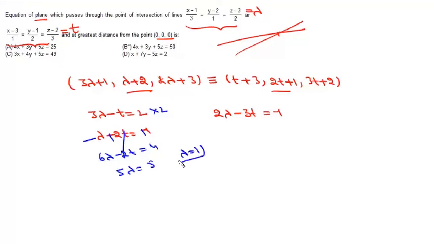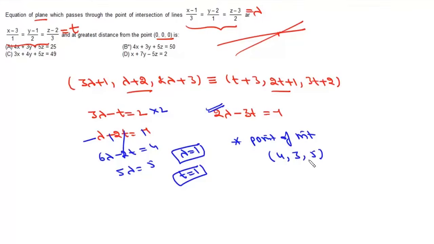So value of lambda is 1, and if we put lambda is 1, we'll get t as 1, and if we put 1 and 1 here, it satisfies this third equation. So basically these two lines, they'll intersect, and they'll intersect when the value of lambda is 1 or when t is 1. So their point of intersection, it will be 3 plus 1 4, 1 plus 2 3, and then 3 plus 2 5. So these two lines, they'll intersect at this point.